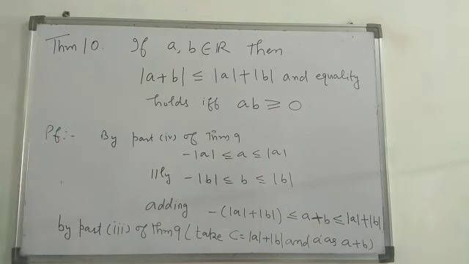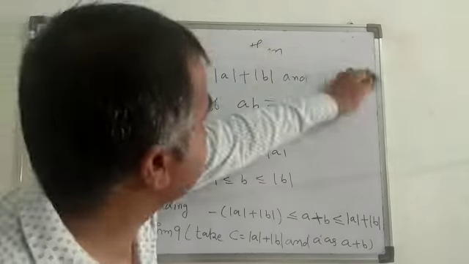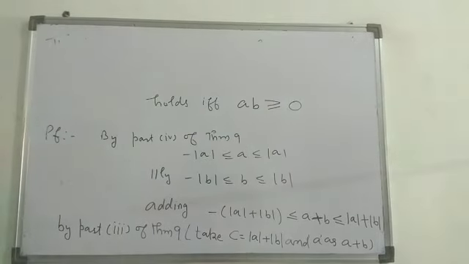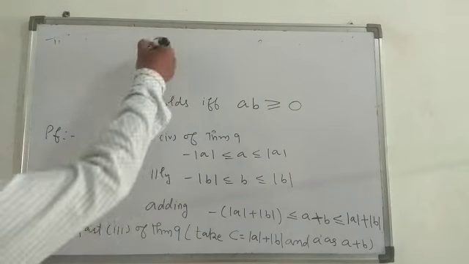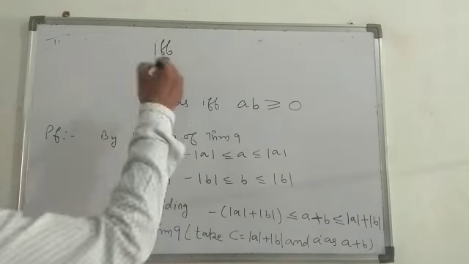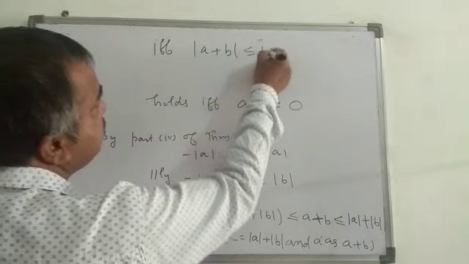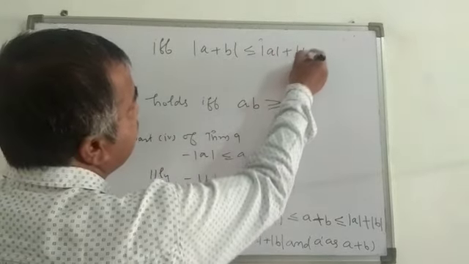This result holds if and only if |a + b| is less than or equal to |a| + |b|.